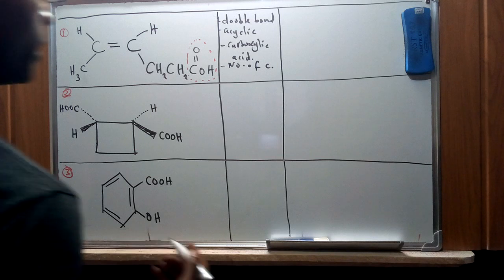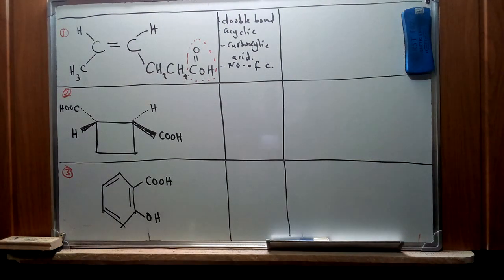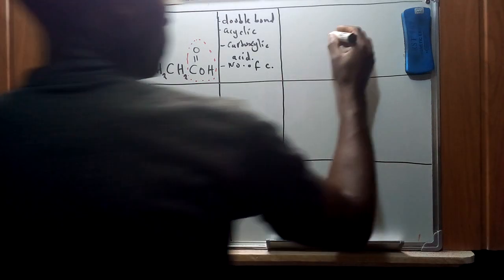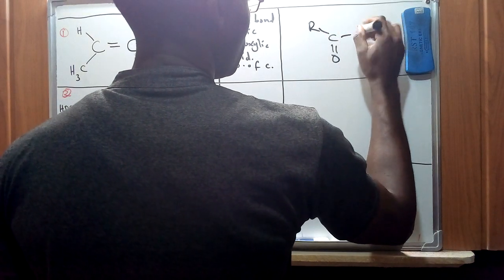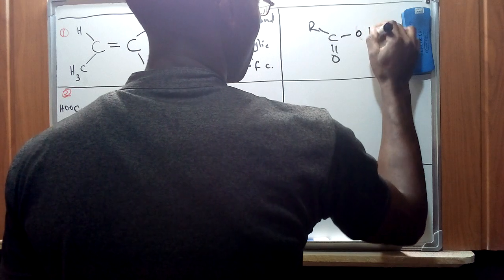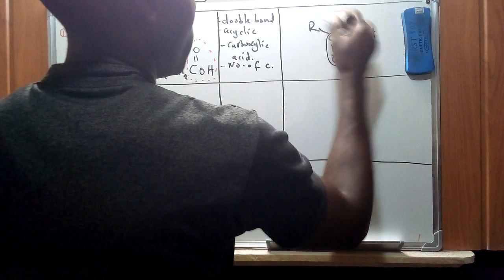For carboxylic acids, they have a general formula, which we can just draw. This is OH, and that H there is different from alcohols, it is a proton. So we're going to have a general representation for a carboxylic acid at that point, and this is known as the carbonyl carbon.